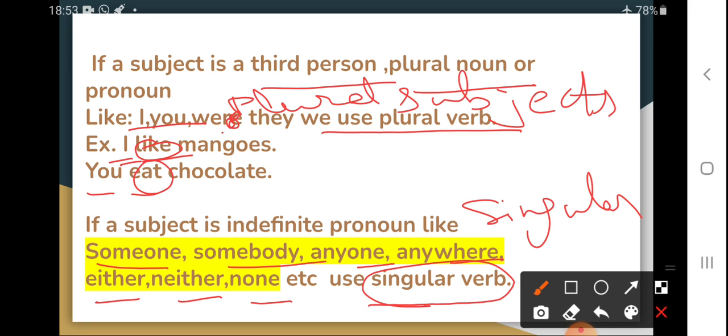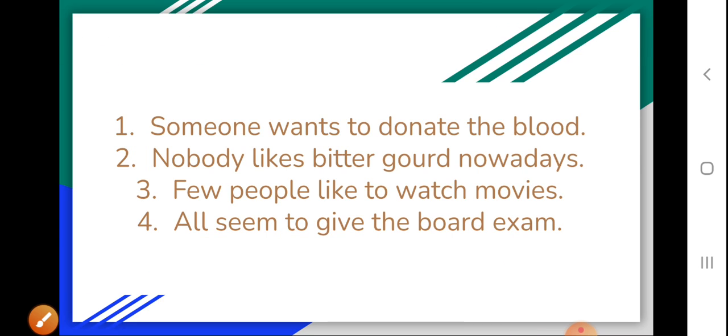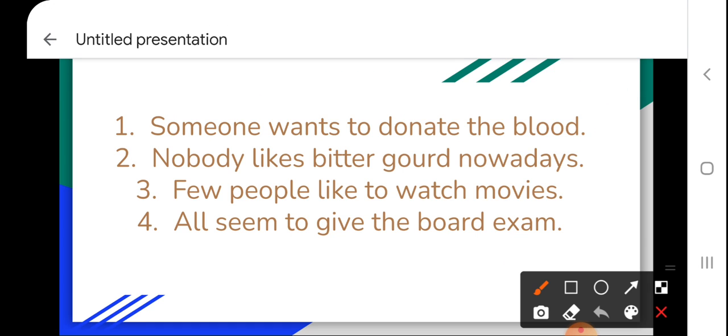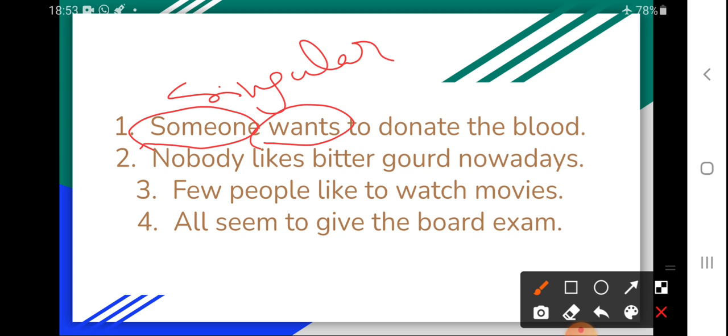All these subjects are called the singular subjects and we provide a singular verb to them. Now see the examples. The first one is someone wants to donate blood. I told you someone is a singular subject. And when it is singular, you will provide a singular verb.